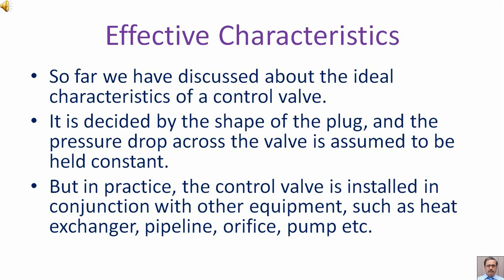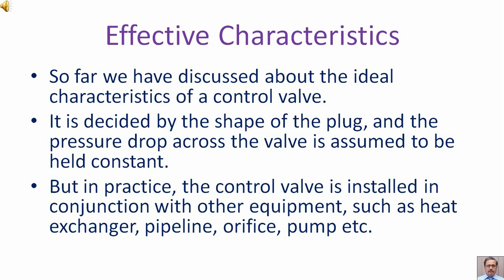Effective characteristics. So far, we have discussed the ideal characteristics of a control valve. It is decided by the shape of the plug, and the pressure drop across the valve is assumed to be held constant.